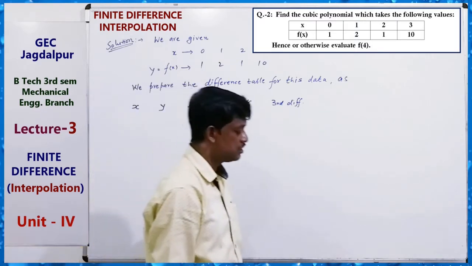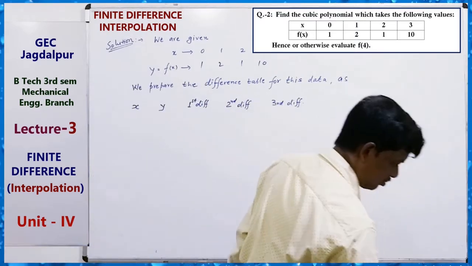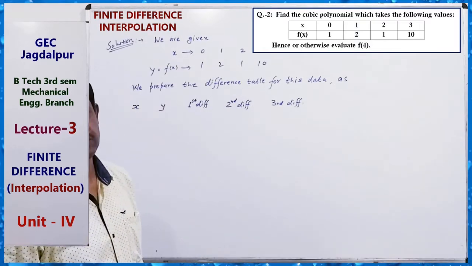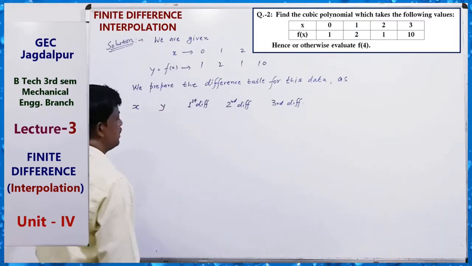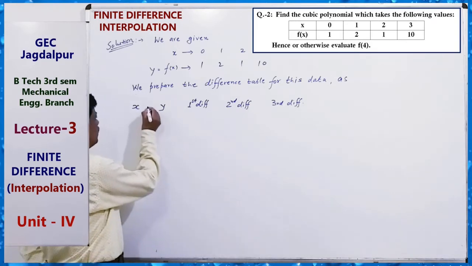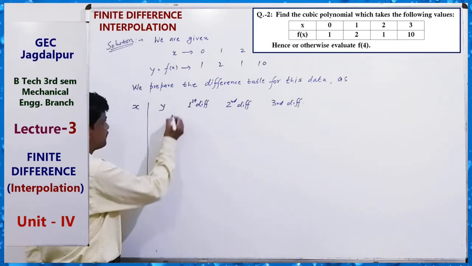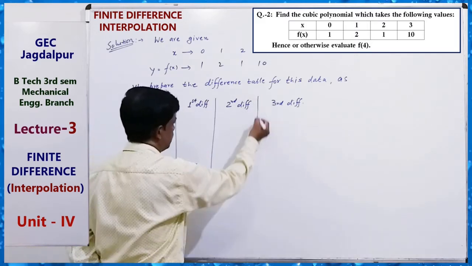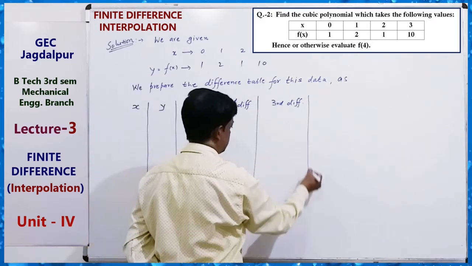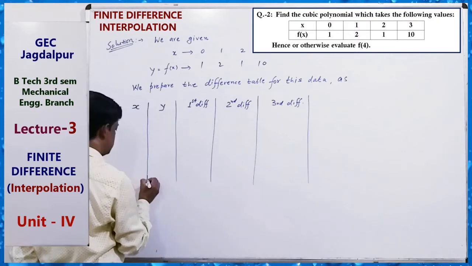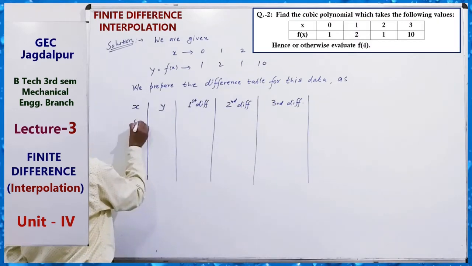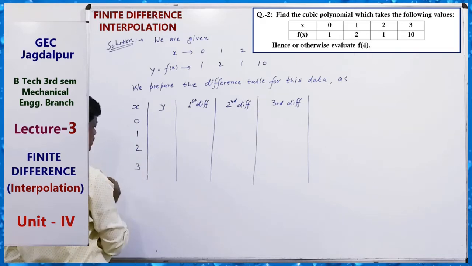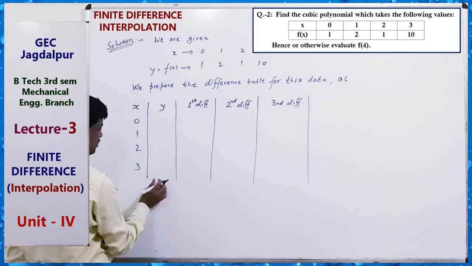Fourth difference is also there, because fourth difference will be 0 for a third degree polynomial. Here just prepare the table. 0, 1, 2, 3. Okay.